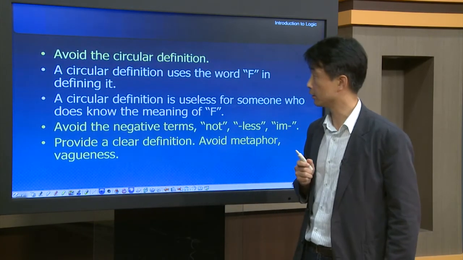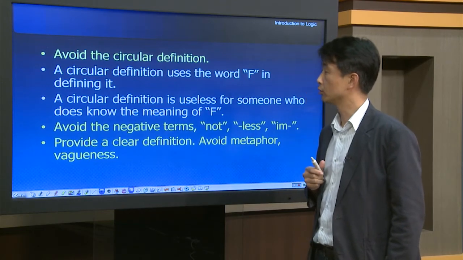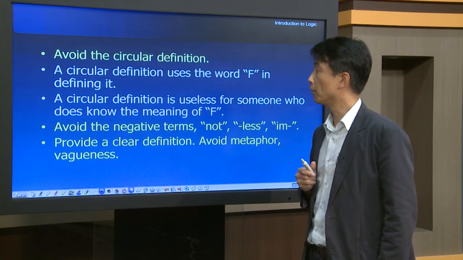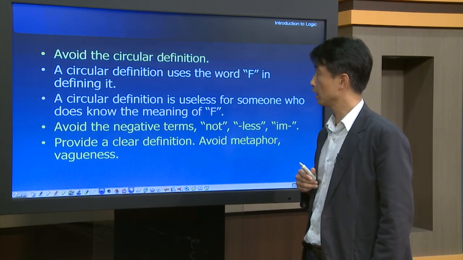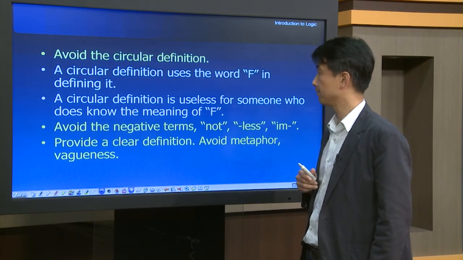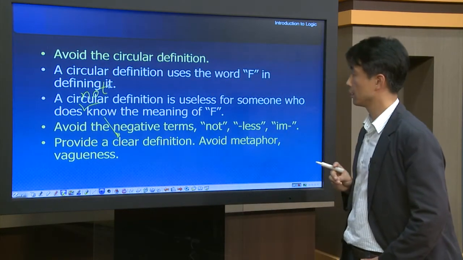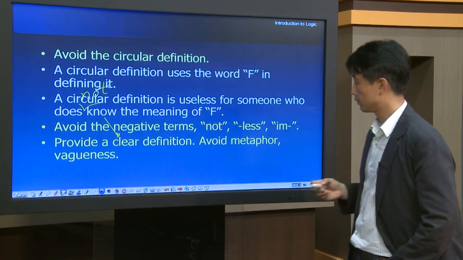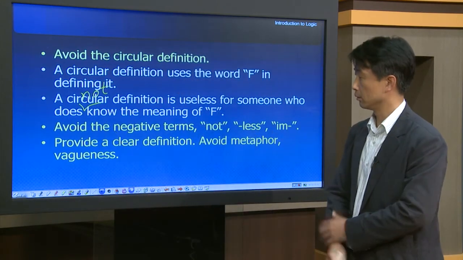Okay, let's look at another rule. The third rule of good definition is you should avoid circular definition. A circular definition uses the word F in defining F. A circular definition is useless for someone who does not know the meaning.